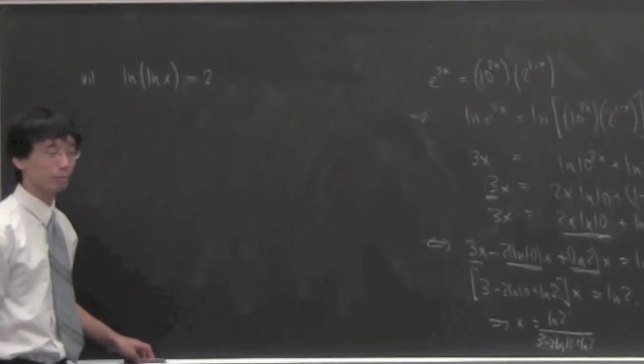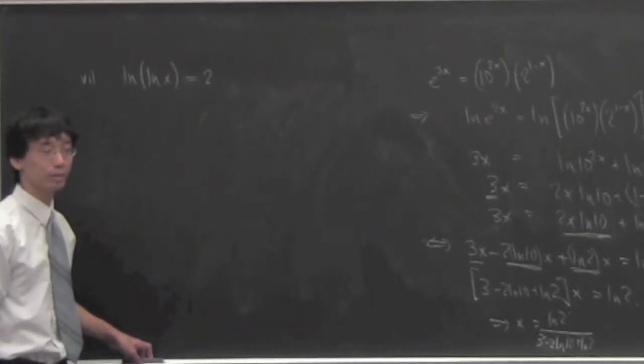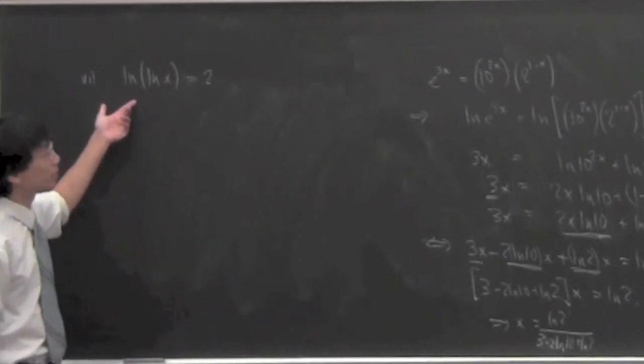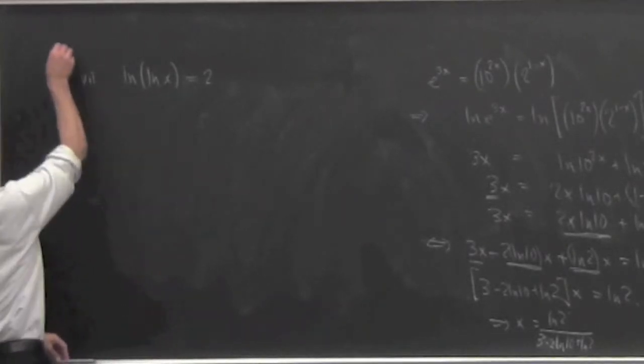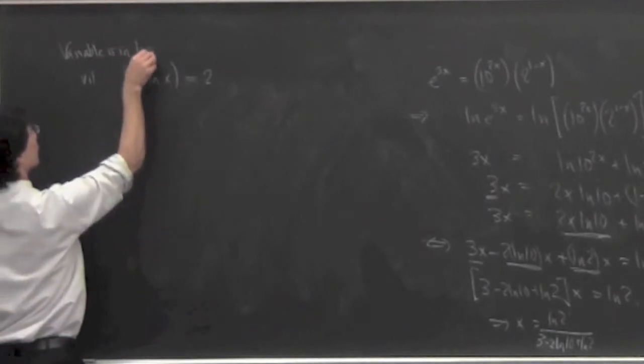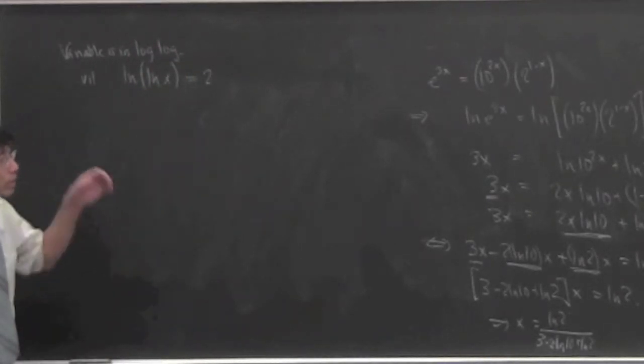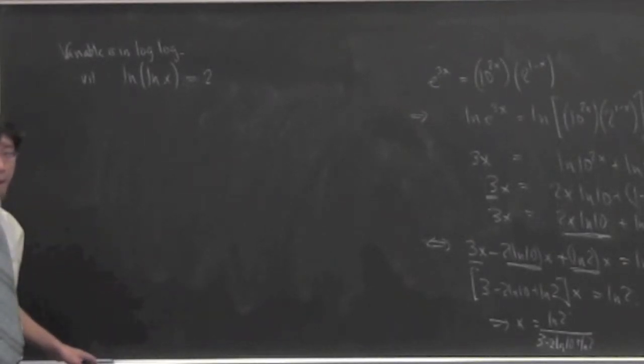This is just sort of like an iteration of a type, where the variable is inside the log of the log. So it's a natural extension of the previous example.